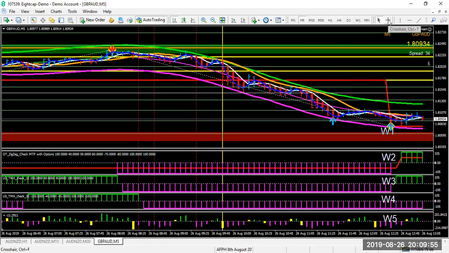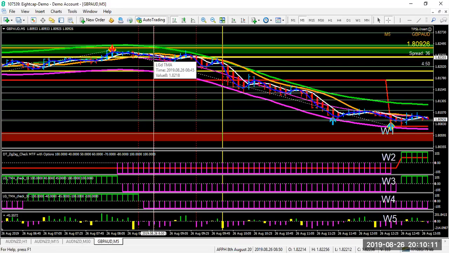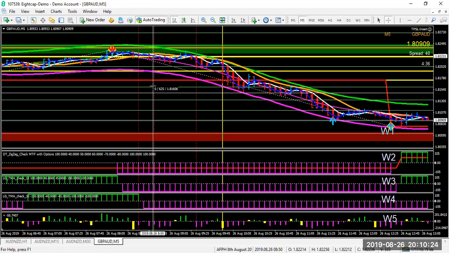Now we can do our 1-for-1s. 20 pips is pretty much in that green open percentage line, and our 2-for-1, 40 pips, is there. Our 3-for-1, 60 pips, that's 62 pips, so it's relatively close to this percentage line, and our 4-for-1, 80 pips, is just below there.